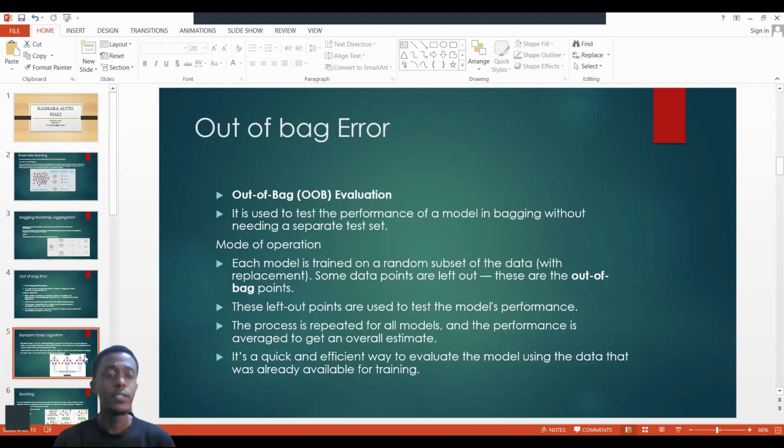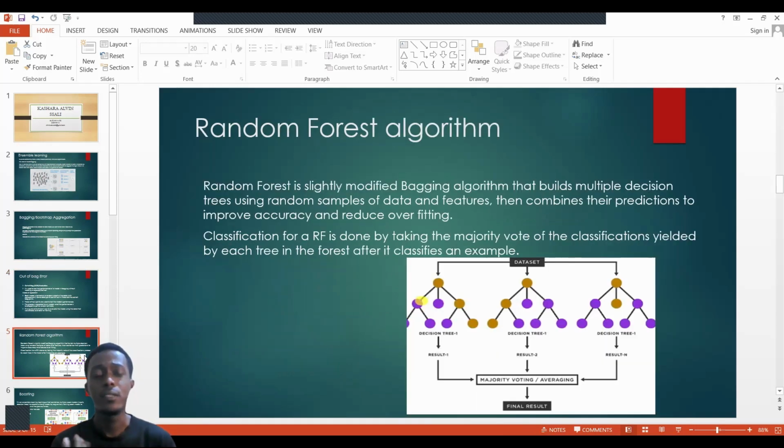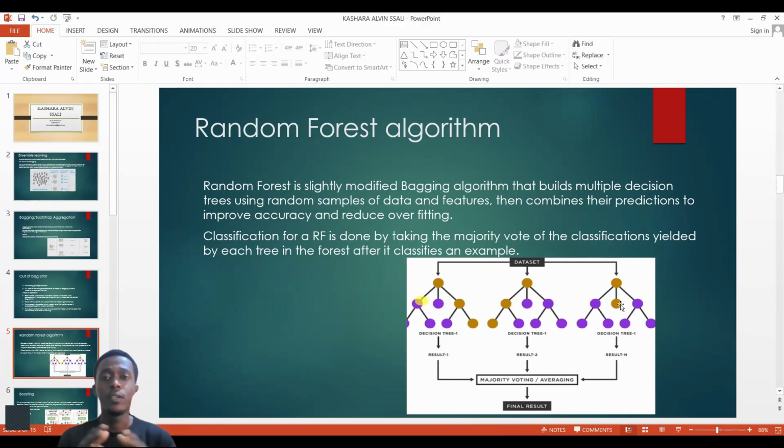Then there's the random forest algorithm, and this is an application of bagging. This builds, as you can see, multiple decision trees. And then, as I had earlier said, we use bootstrapping to get these bootstrap samples. Just that in random forest, we don't only use a bootstrap, we also come up with features, and these features are taken at random at each split of the trees.